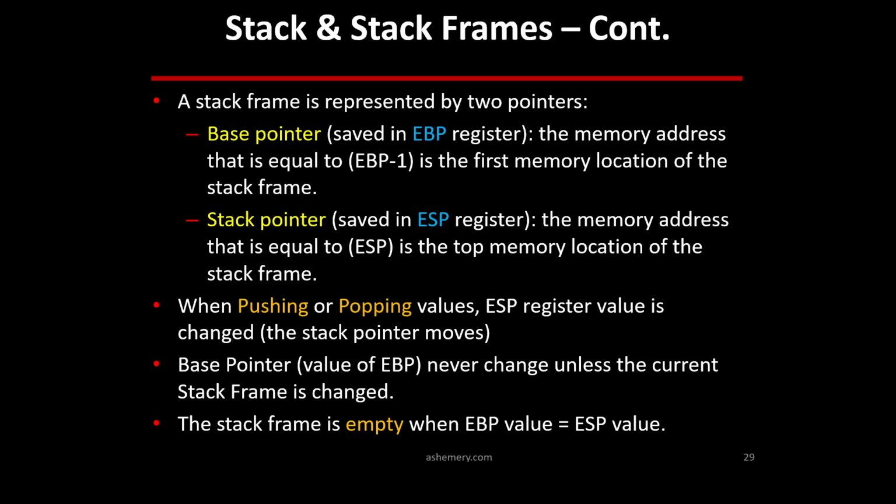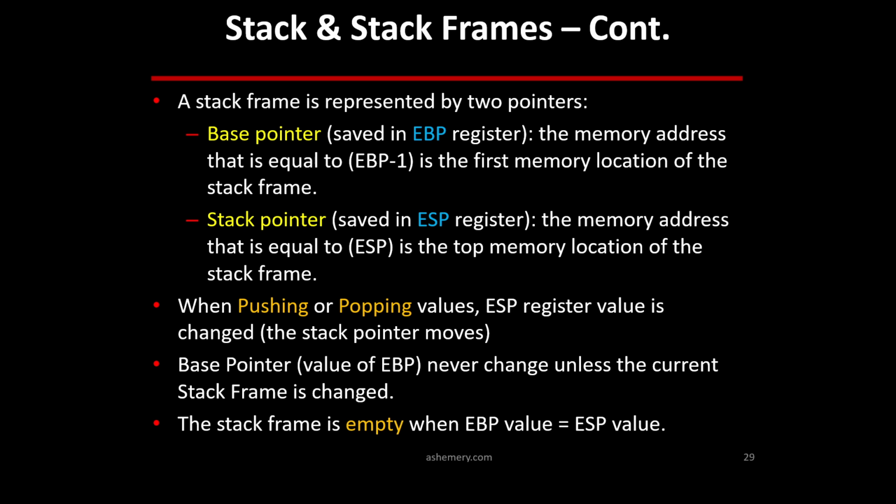Since our stack is divided into frames, you will see all of that in a minute, so even if you can't currently imagine how this is working, we will see it in some visuals. When you push or pop a value, the ESP register is going to change. So when you push a value, ESP will change, and when you pop a value, ESP will also change.